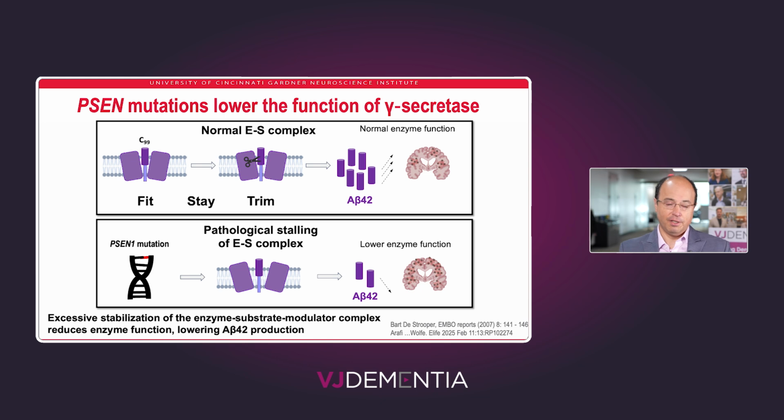The problem, though, is that the mutation affects that enzyme activity, affects the enzyme substrate, and therefore what happens, in fact, in presenilin-1 mutations is that gamma-secretase activity is stalled and the production of A-beta 42 goes down. So there is here a genetic example of a loss of function of gamma-secretase.